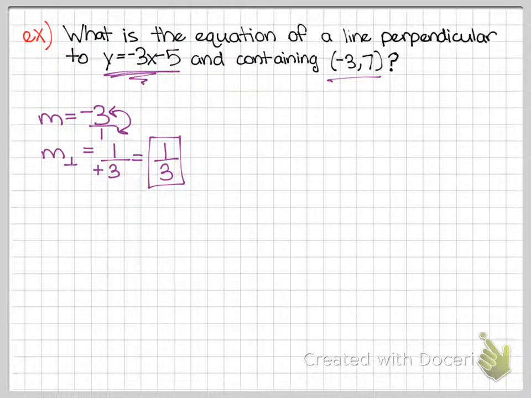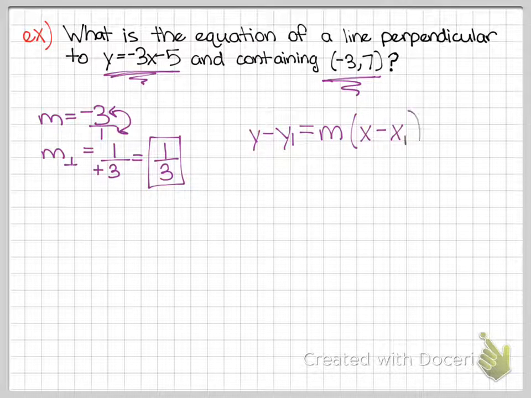All right, so now we have a point, so we can again use point slope form here. So that's y minus y1 equals our slope times x minus x1. So that would be y minus 7 equals 1/3 times x minus -3, so x plus 3.